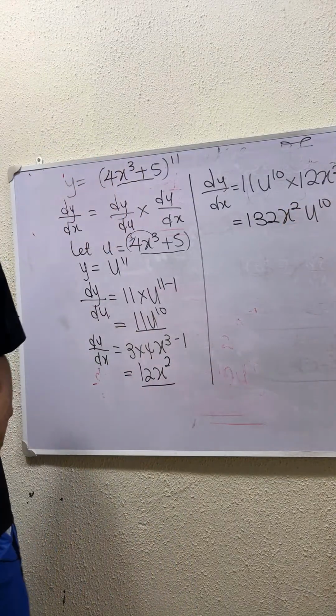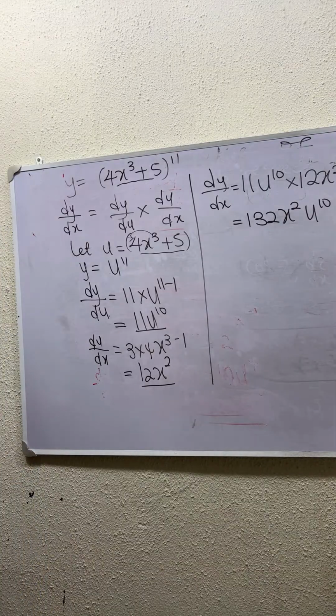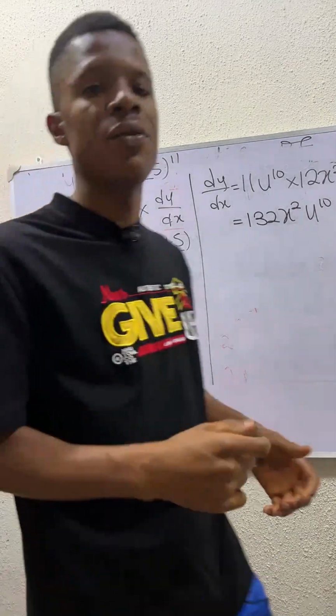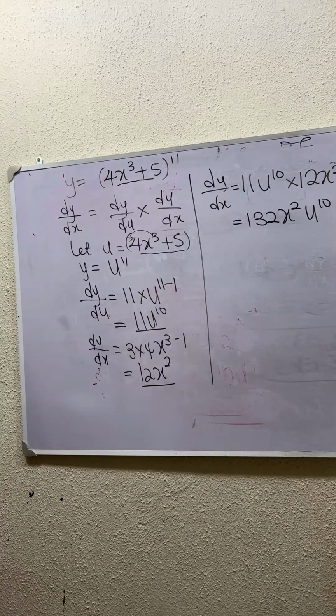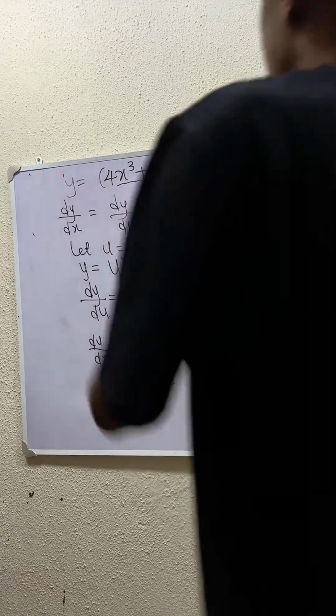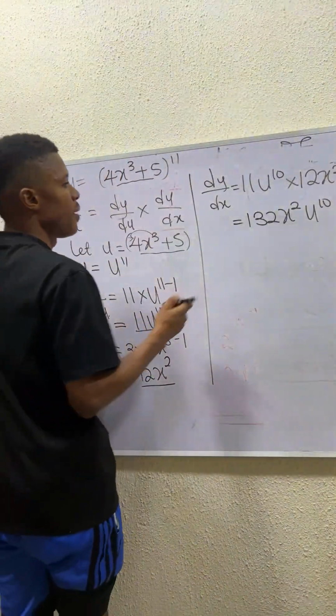Who can remind us what the value of u is? Our u is basically 4x cubed plus 5.